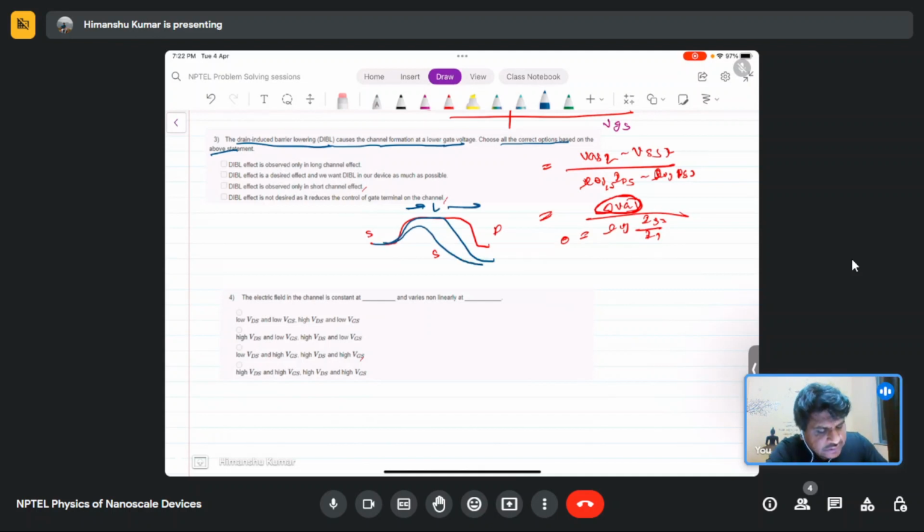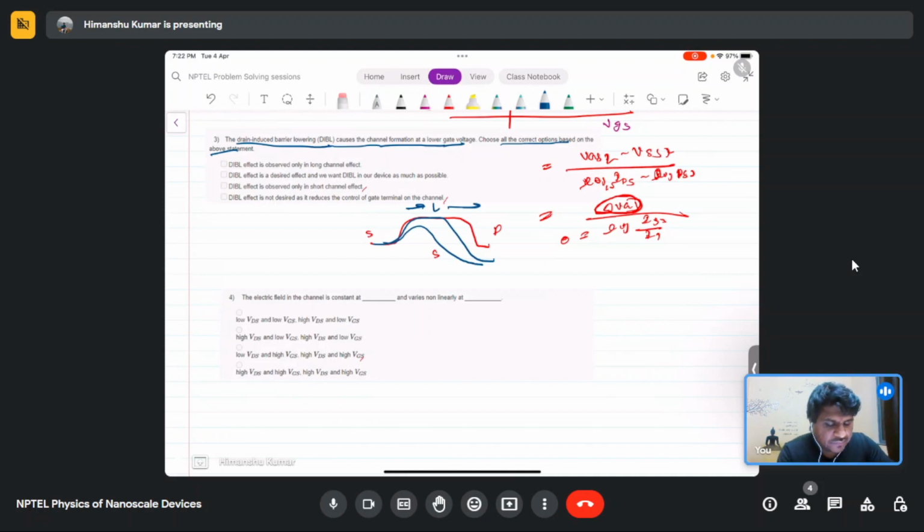Ideally, for a long channel device, the source to substrate barrier should not be controlled by the drain at all, but in short channel devices this barrier is affected by the drain. So this is known as drain induced barrier lowering.